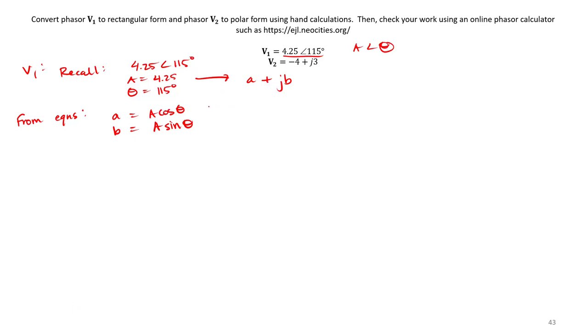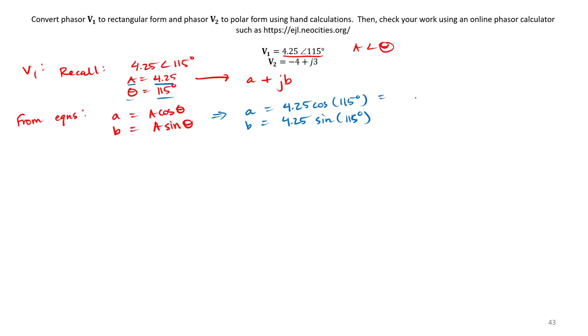So all we need to do is substitute. We know A is 4.25, theta is 115. So we determine A is equal to 4.25 cosine 115 degrees. B is equal to 4.25 sine 115 degrees.